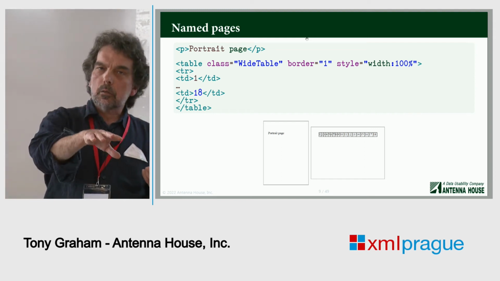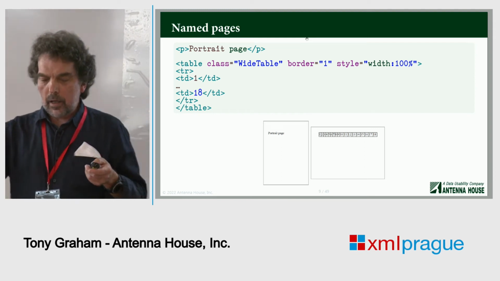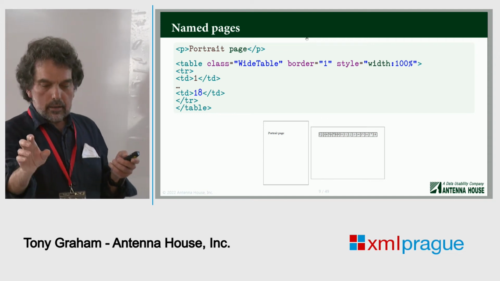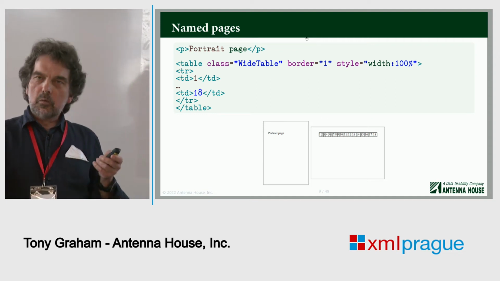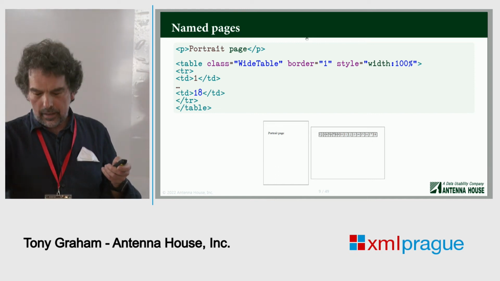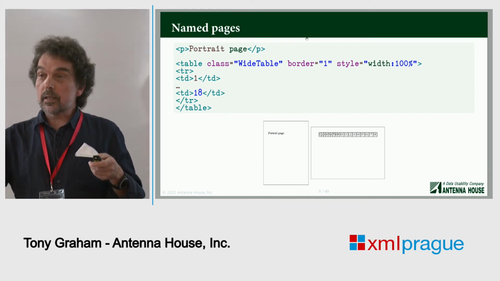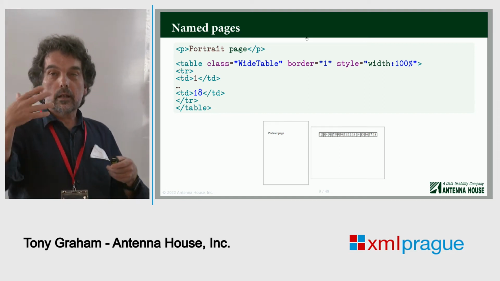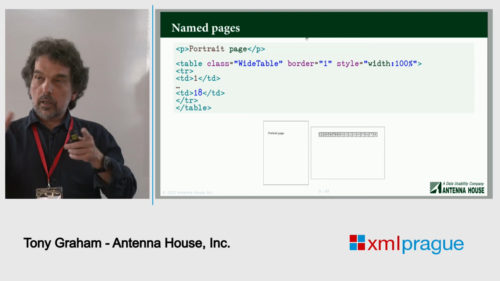The way that CSS works, which is different from how XSLFO works, is that an element that specifies a page property that is different from the current default starts a new page with that size page.